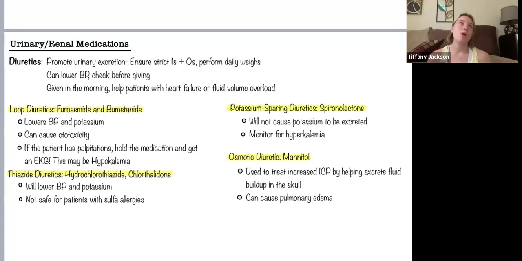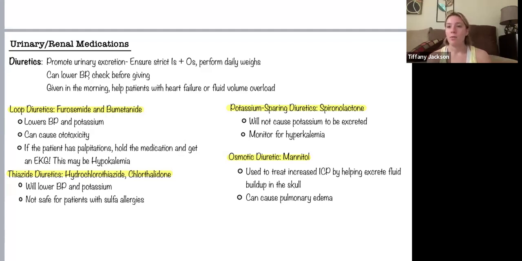Therefore, we want to monitor the patient's potassium level and avoid high potassium foods because they're no longer excreting the potassium, more so for our renal patients as opposed to our cardiac patients. This is the drug of choice for cardiac patients because cardiac patients with heart failure are going to be on an ACE or an ARB.